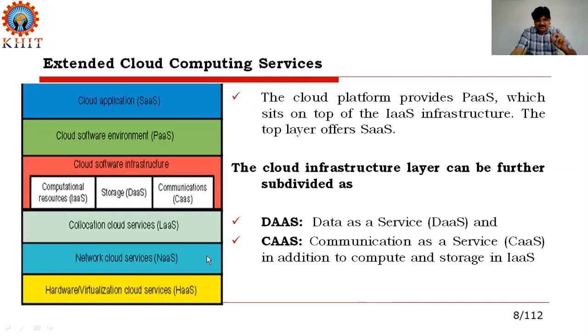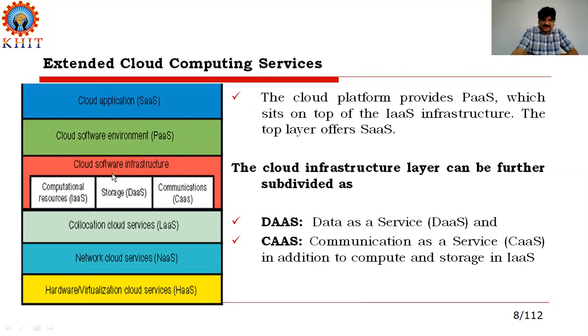Now let us discuss these 6 extended cloud service providers in detail. The cloud platform always provides 3 standard services, namely platform as a service, which sits on top of the infrastructure as a service.